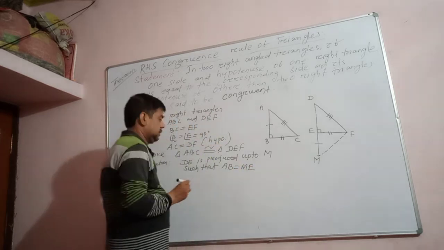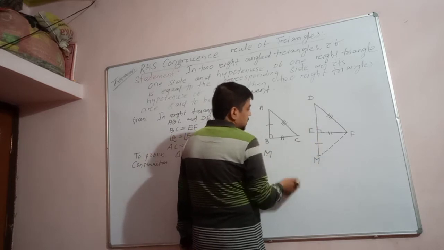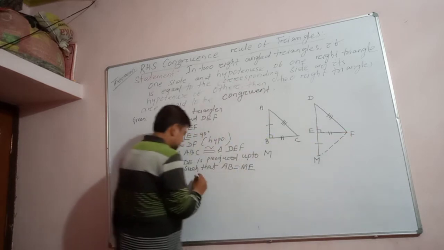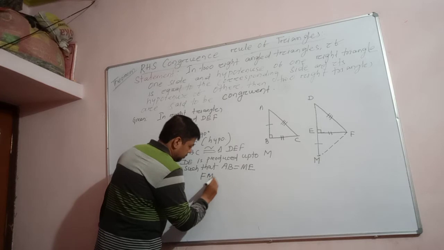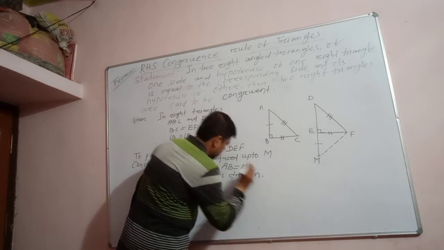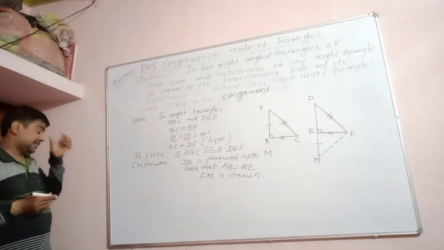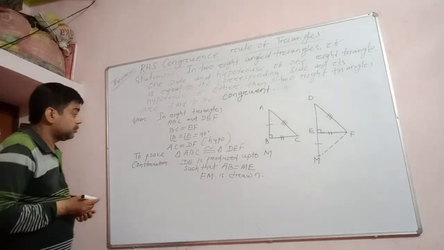AB length is equal to ME length, and FM is joined. Okay students, this is the construction for this theorem.